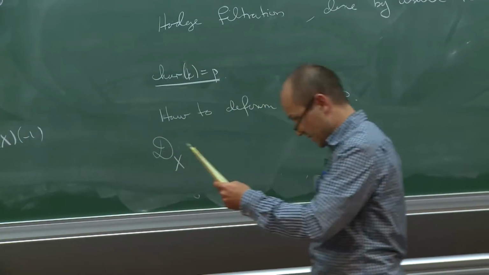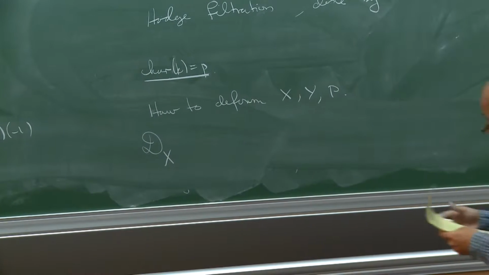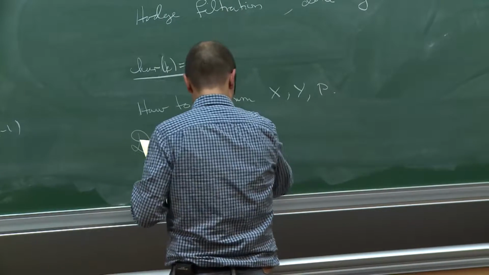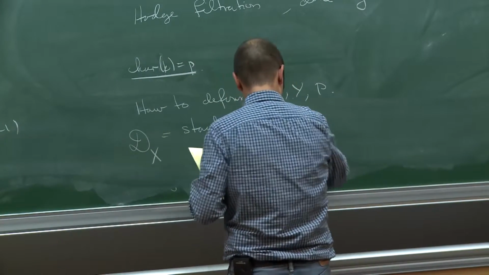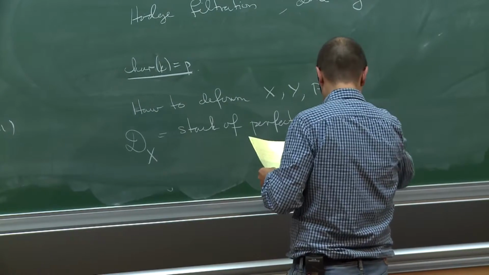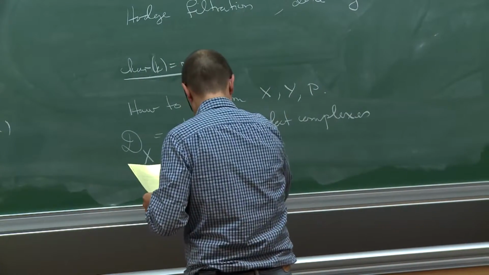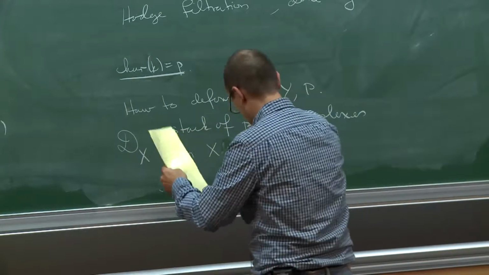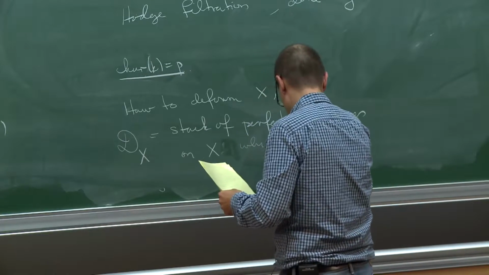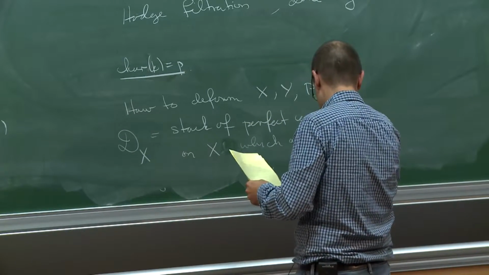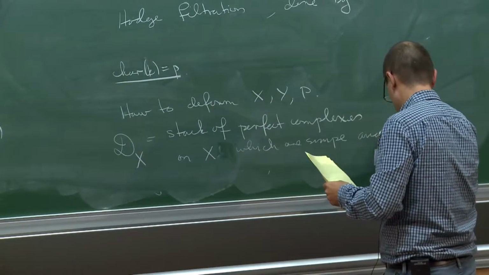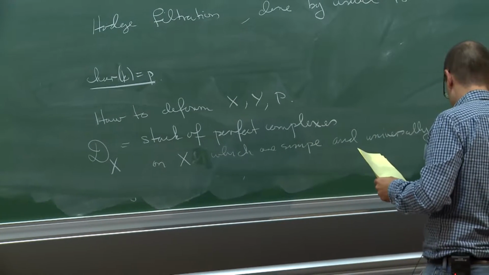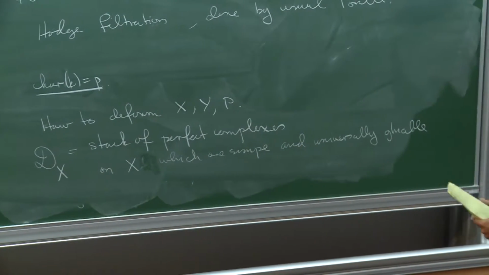You consider this very sort of strange stack, which is the stack of perfect complexes on X cross Y which are simple, and I'll put it universally gluable. So this P is some object of the derived category.